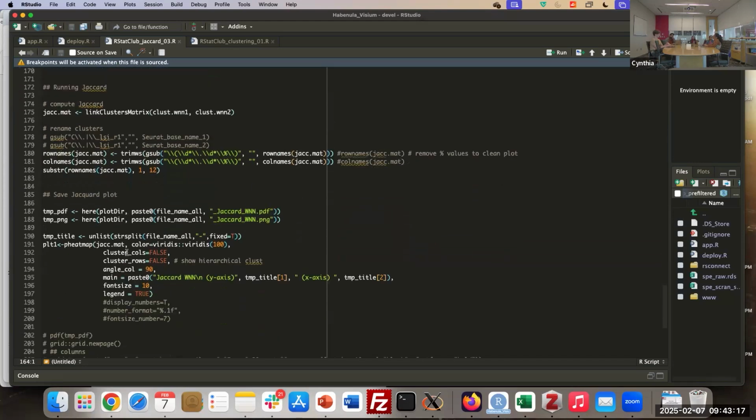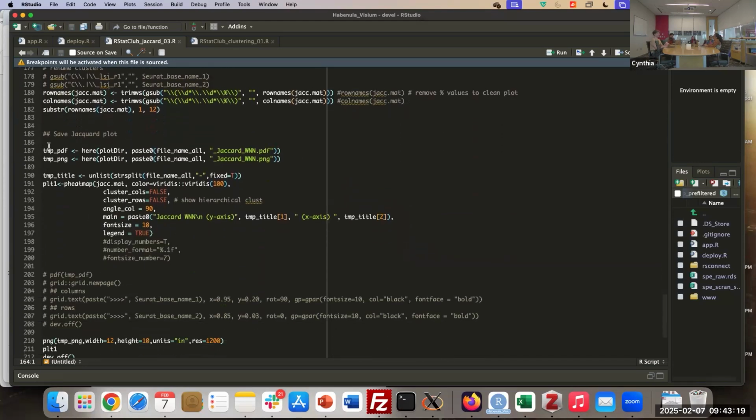And finally, here is just prepared a heat map with the data that we have previously here. Something that you can find useful after preparing all this data, giving some colors and all this stuff, is the cluster columns and the cluster rows, which add a hierarchical tree inside the heat map.